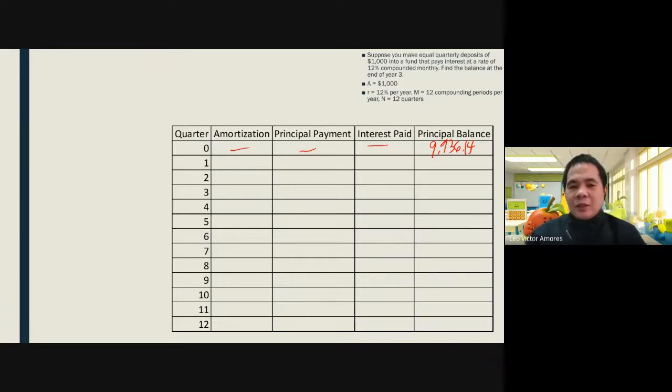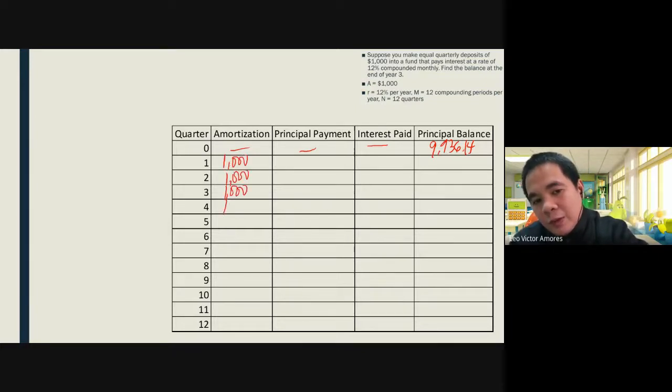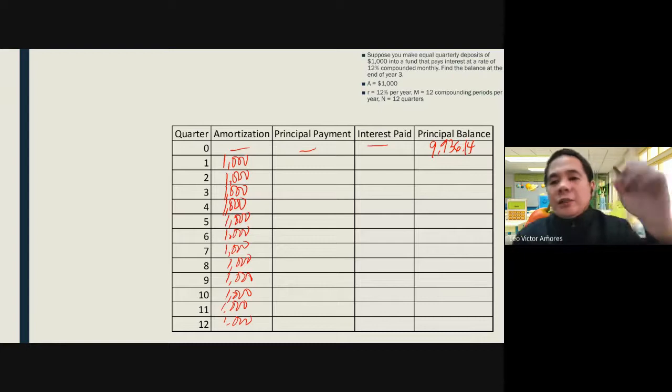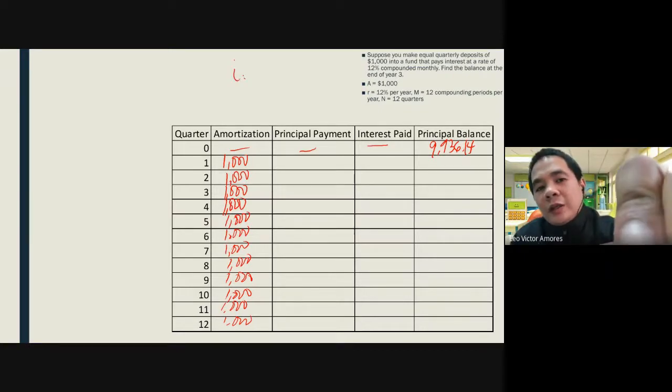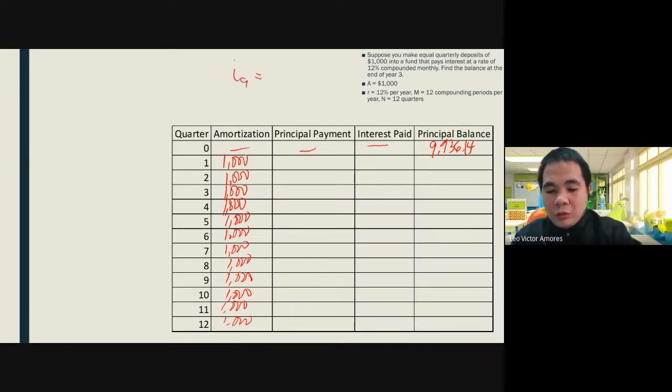That means he paid 1,000 every quarter, right? That is what the problem says. Am I clear with regards to that one? And then your interest rate per quarter is equal to 3.0301%.